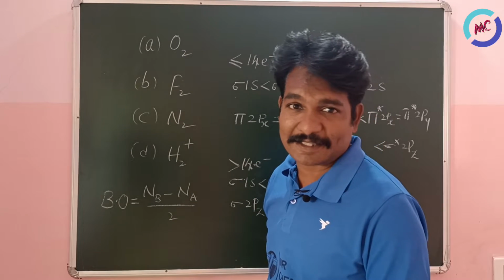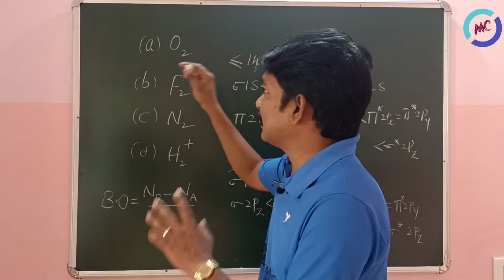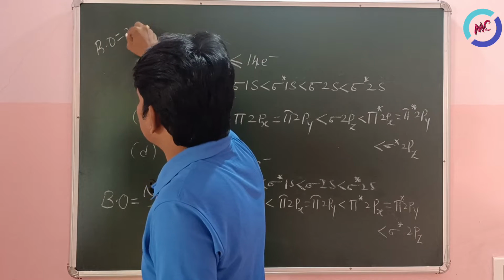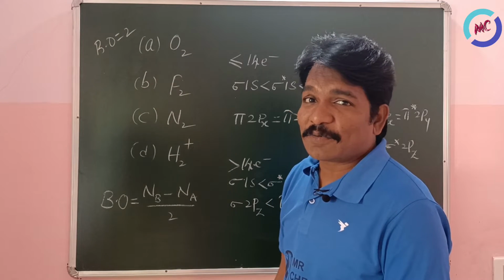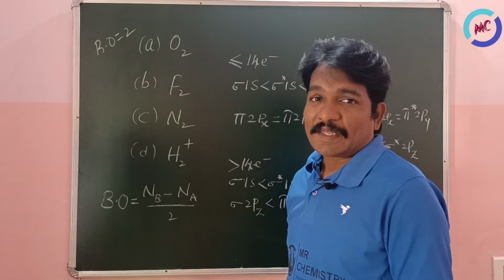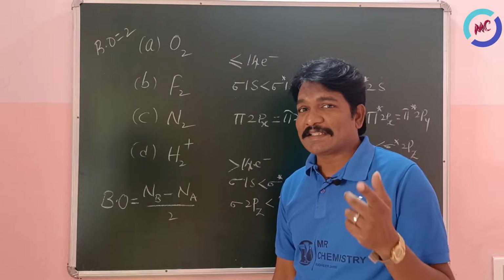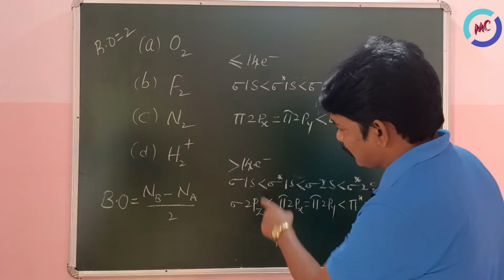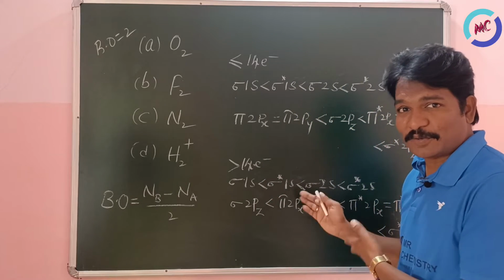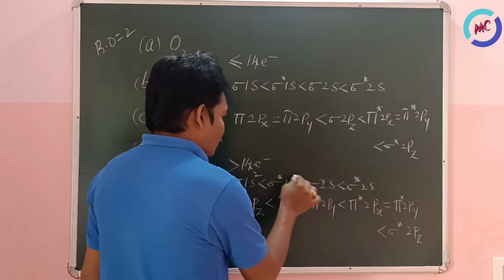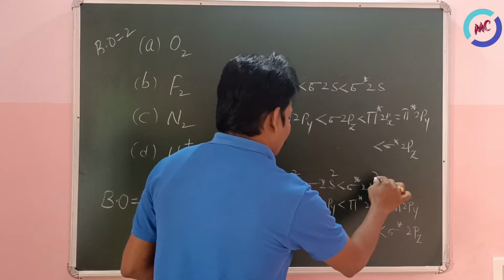We already calculated this, that's why I am writing directly here, bond order for oxygen is 2. Now we have to find out for F2. See here, fluorine has 9 electrons, F2 has 18 electrons. 18 electrons is greater than 14 electrons, so we have to go with this one. And see here, 2, 2, 2, 2.